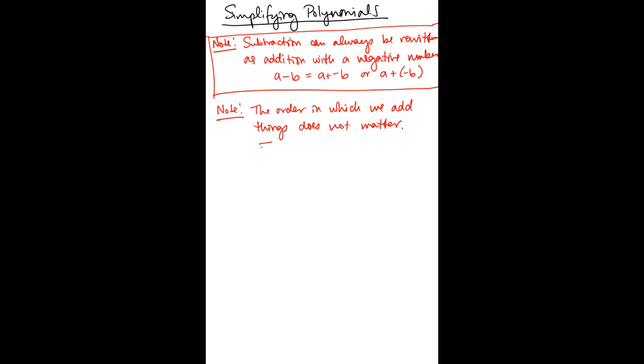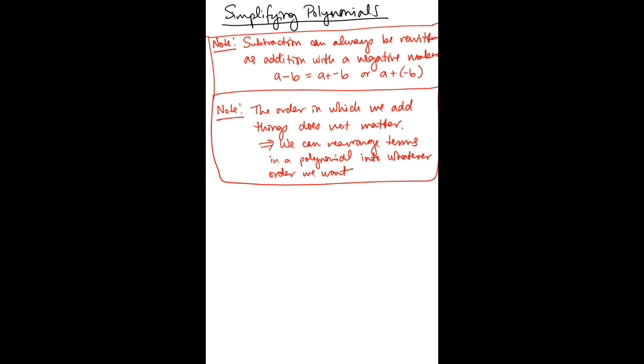So this means that we can rearrange terms in a polynomial into whatever order we want without changing the polynomial. Right, simple example we'd see is a plus b obviously equals b plus a.